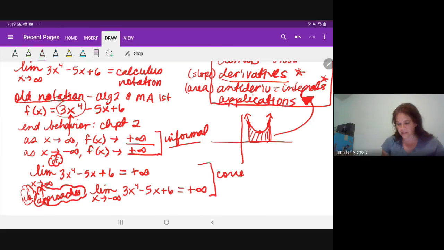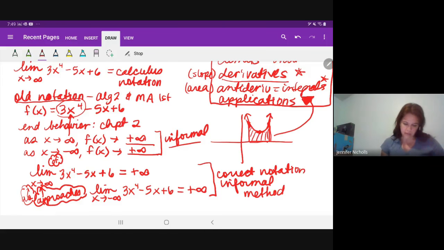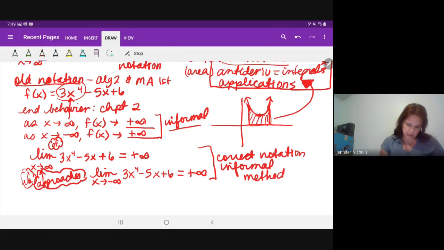This is correct notation, but informal method. So I'm going to show you the formal method that we're going to practice today, and the formal method will help you with other things as well. So this is the old notation, and this one's new notation.